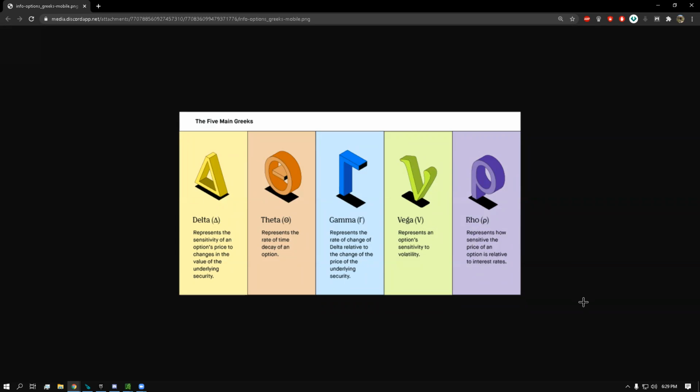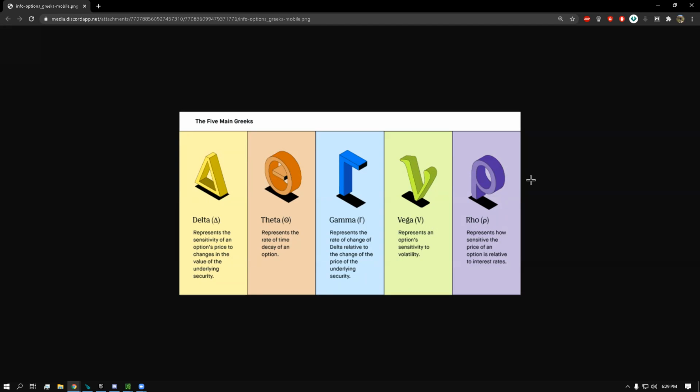So Rho is pretty much useless for us as short-term day traders. So we want to look at the four main Greeks, which are delta, theta, gamma, and vega. All delta does is tell you roughly how much money you're going to make for every dollar the price of your share goes up for the contract you're trading.